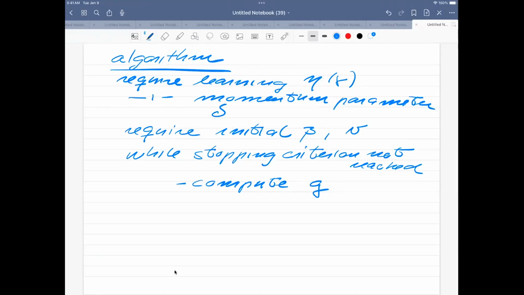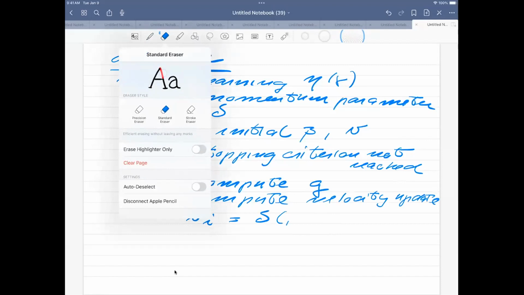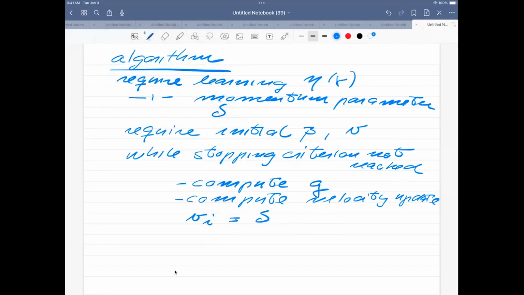And then I would compute, because people would call this the velocity update, the so-called velocity. v is often used as a velocity here. So what we do then is that we compute a v of i, which is equal to this parameter delta times beta of i minus beta of i minus 1, the previous value.